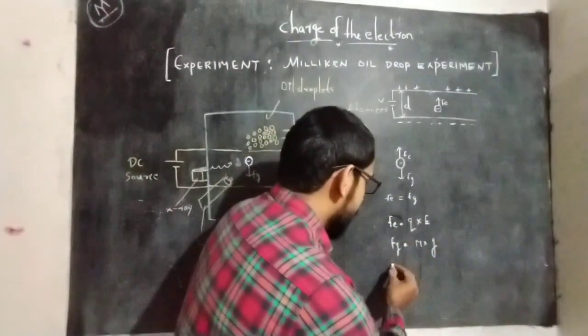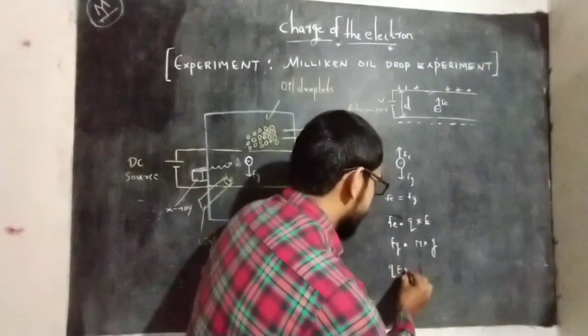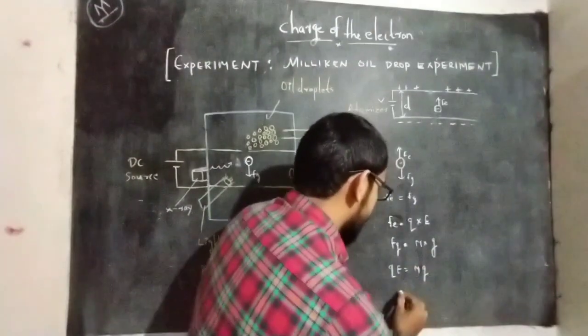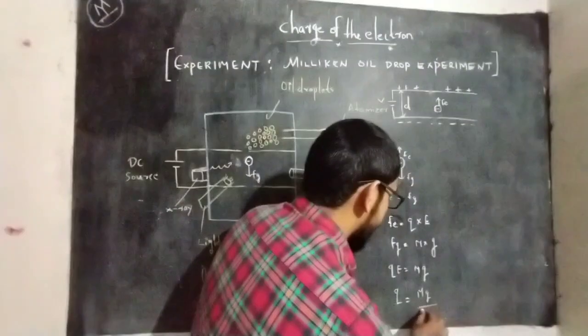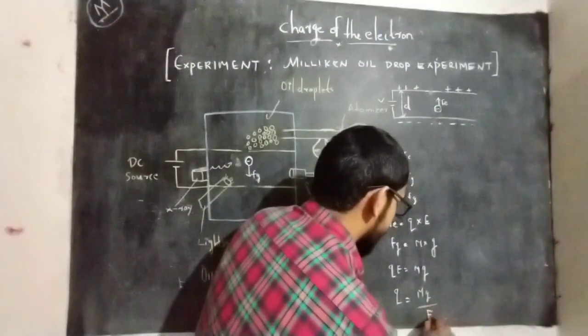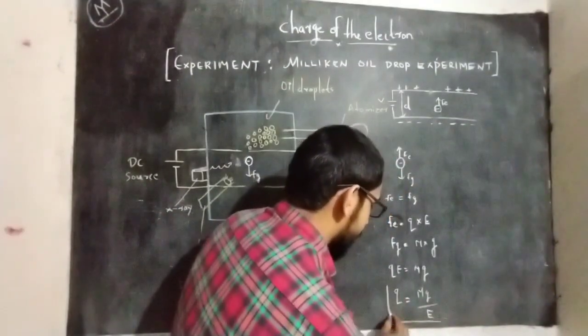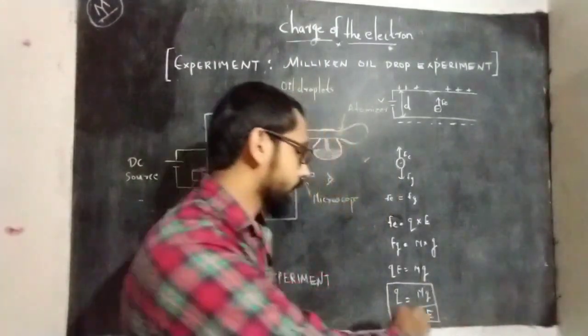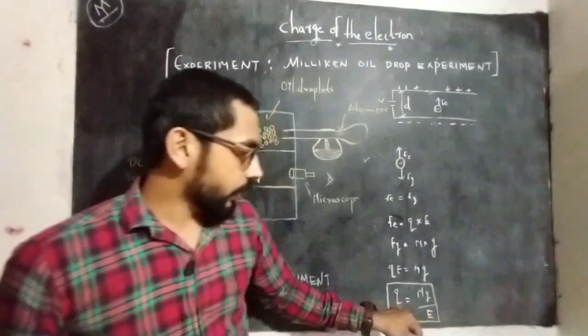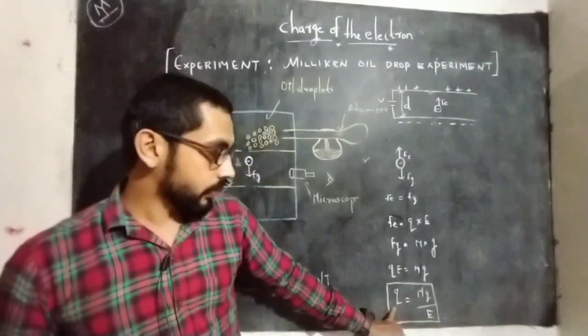Next we can equate QE is equal to mg, and finally Q is equal to mg divided by E. From this equation we can find out the charge of the droplets.